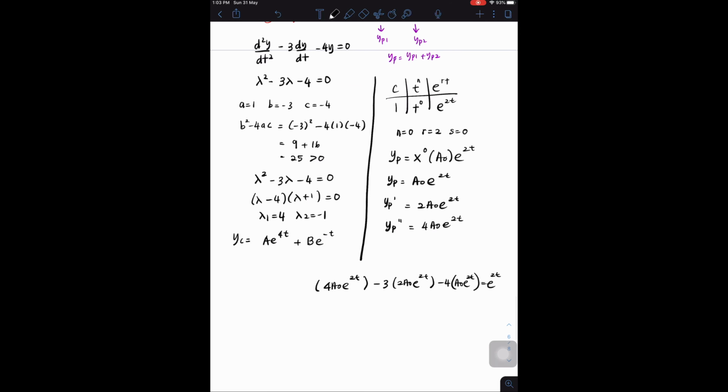Now we expand this equation. We get 4a naught e to the t minus 6a naught e to the t minus 4a naught e to the t equal to e to the t. So 4 minus 6 is negative 2, and negative 2 minus 4 is negative 6. So you have negative 6 a naught e to the t equal to e to the t.